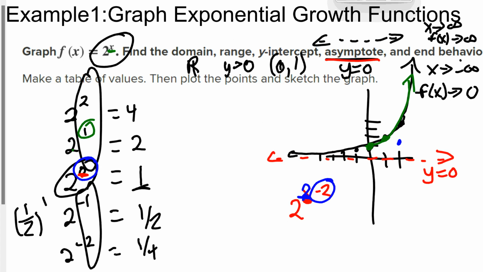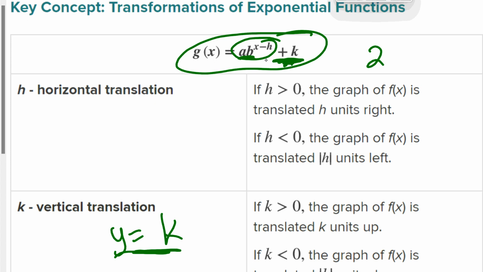So anytime you have a negative right here, that's actually going to move it the opposite direction. So if I have x plus 2, it's actually going to move to the left 2. And if I have a negative, that's going to move it to the right 2. So that number with the exponent is always going to move it left and right.